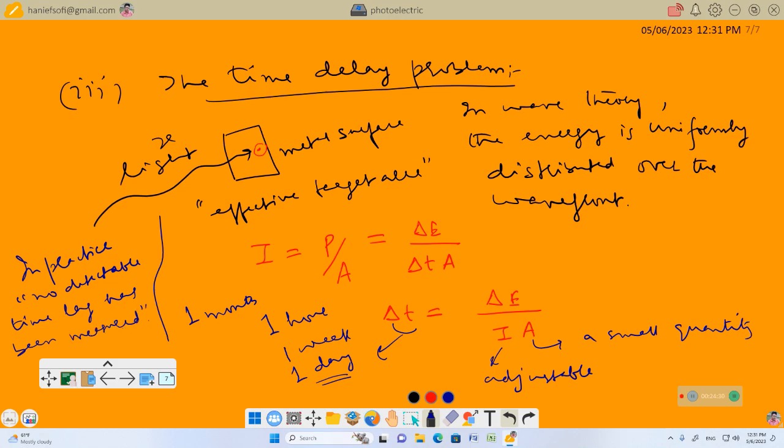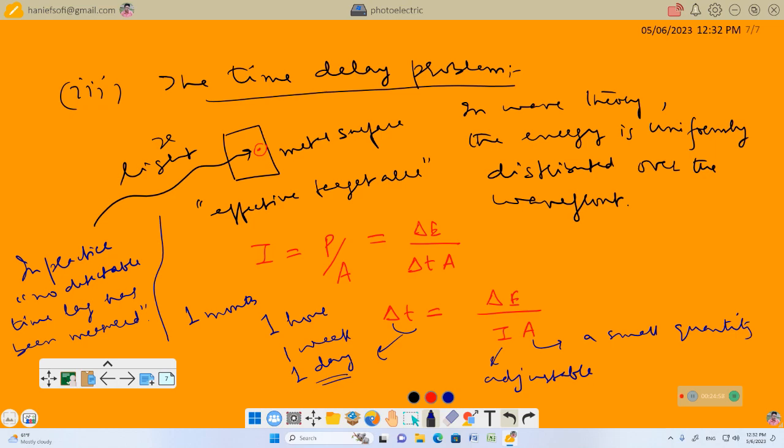Whatever the intensity, in practice, if frequency is greater than threshold frequency, there is no detectable time lag between the moment when light hits the metal surface and the moment when ejection of electrons takes place. So we say experimentally, the photoelectric effect is an instantaneous kind of phenomenon.